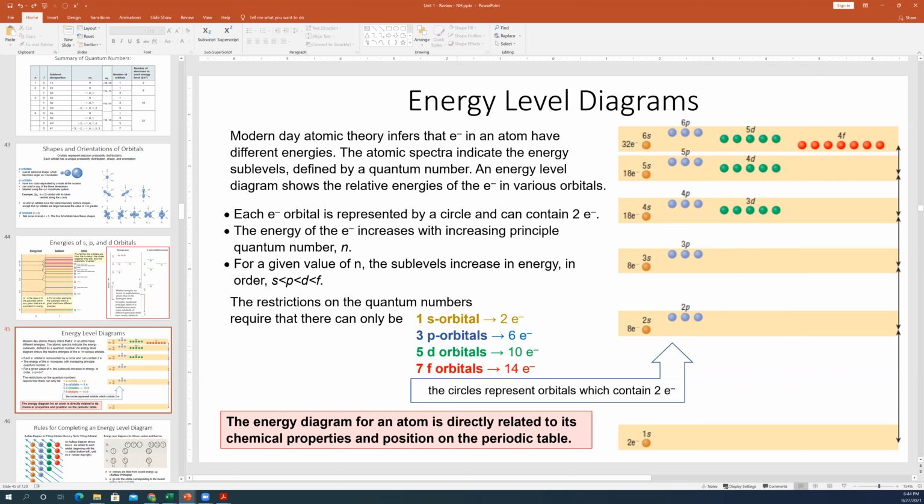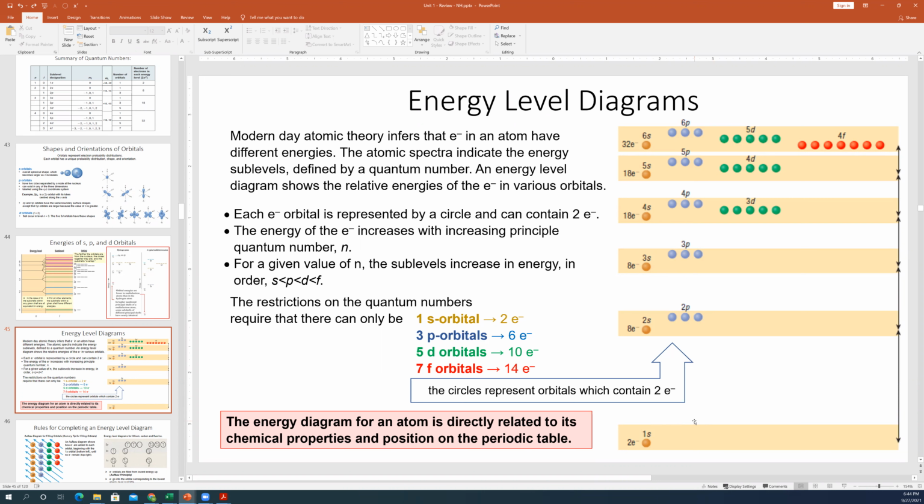Okay, so the energy diagram for an atom is directly related to its chemical properties and its position on the periodic table, because its position on the periodic table is related to how many protons it has, which is in turn related to how many electrons it has, which in turn dictates where those electrons are going to be.